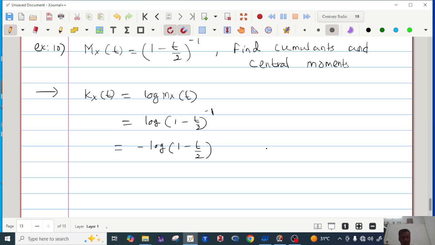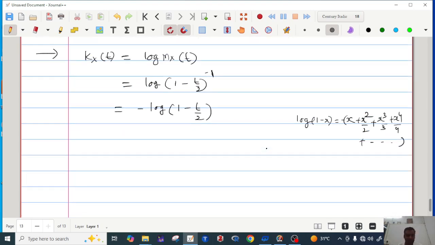Now there is one series to use: log of 1 minus x equals minus x plus x square by 2 plus x cube by 3 plus x to the 4 by 4 and so on.